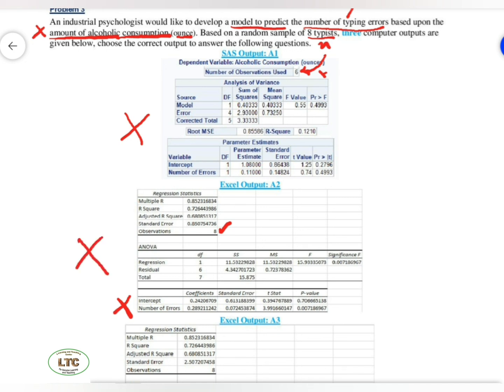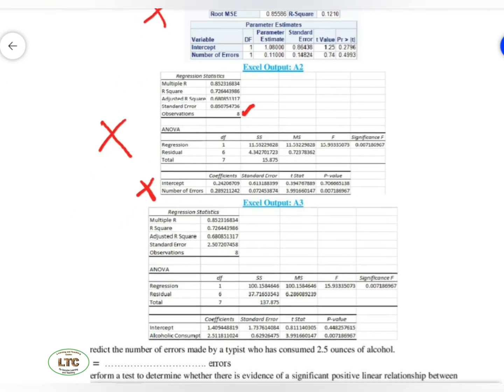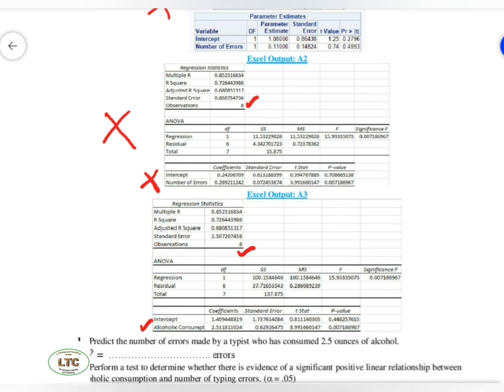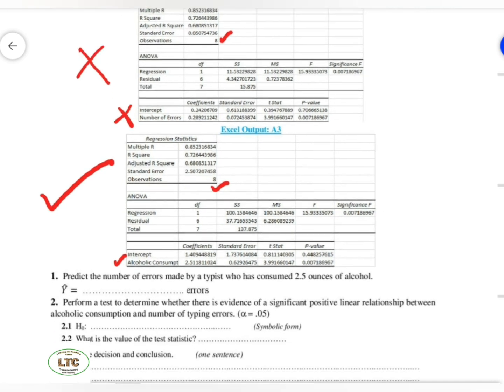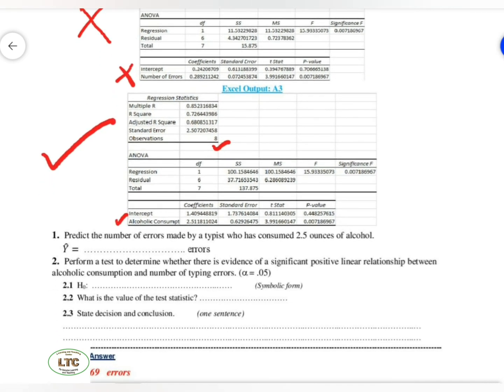There must be X here, but in this output, this is Y, so not this one, only A3. And in A3, alcoholic consumption is correct. So about A3 you have to use, and now you know how to do this and perform it.